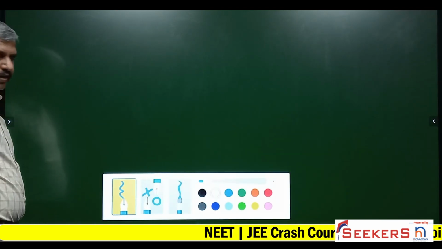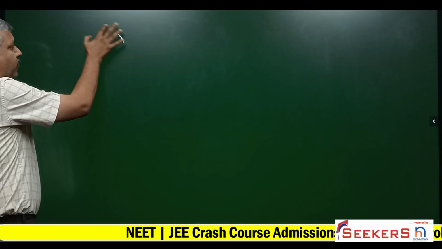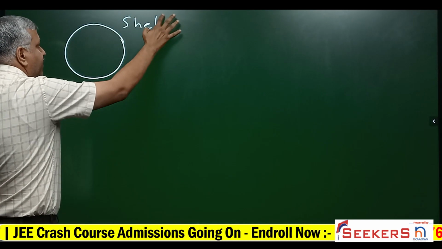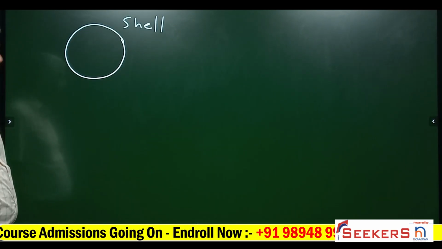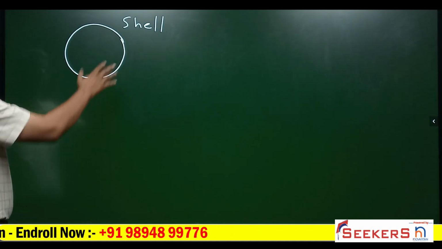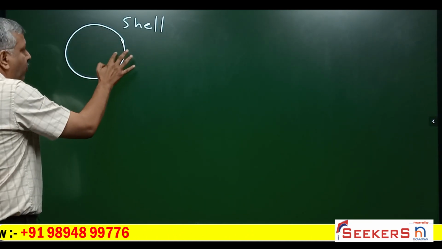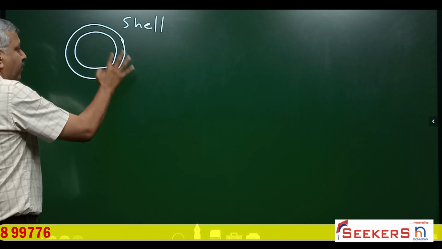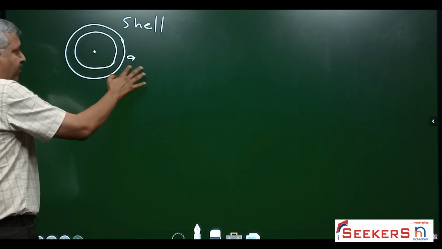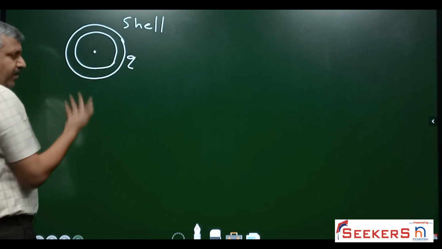So let's look at some more applications. Suppose this is a shell. A shell is a hollow sphere. Okay, so the question is, what is the electric field inside a shell? So if this is a shell, I have drawn a Gaussian surface here. The shell is hollow, so there is nothing here. There is charge only on the shell. So inside there is nothing.